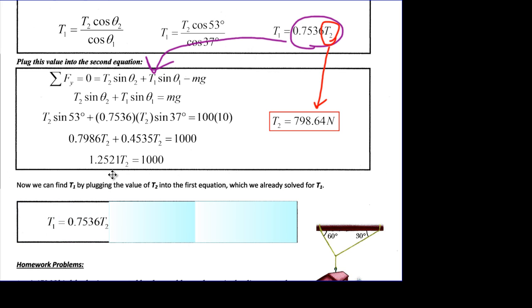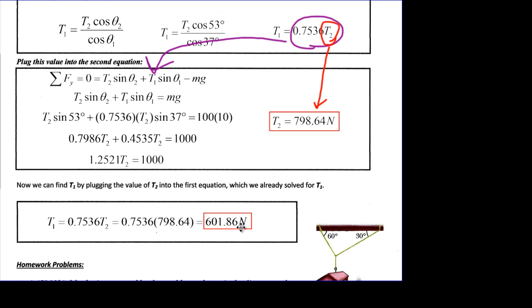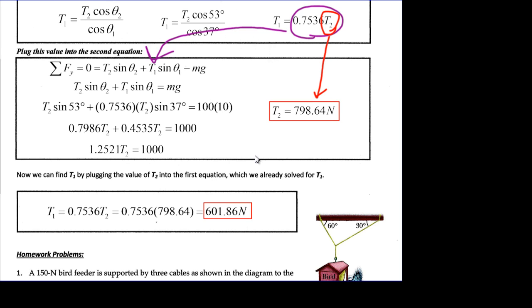If T1 equals 0.7536 T2 and T2 is 798.64, plug it in. 0.7536 times the 798, and we get our answer. T1 is less than T2. Remember, this is the one that's more vertical, so that's good. We probably did it correctly there, and you got your answer.